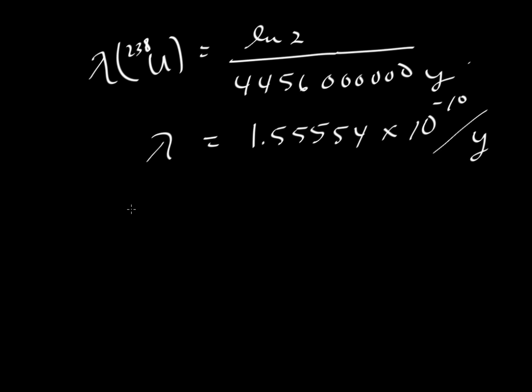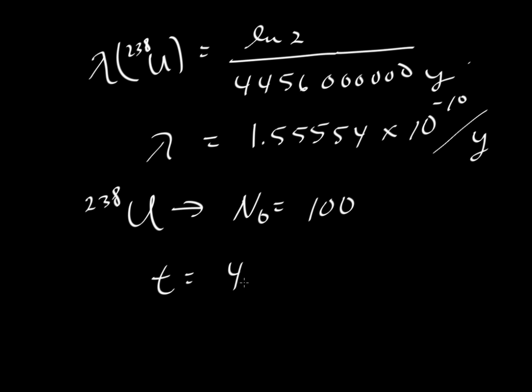So what if we have the case where we have uranium-238 and we have an initial number of atoms that is equal to 100? Well, if we wait one half-life, if t is equal to 4.456 billion years, or gigaannums, then the number of atoms we would have left, the N, would be 50.